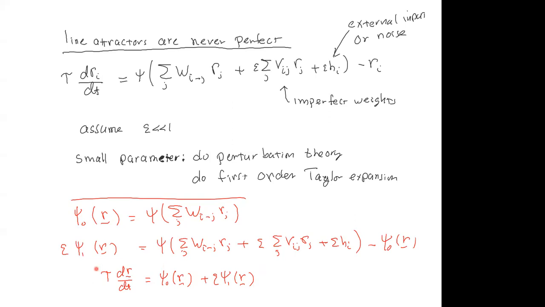So this equation here is very similar. Actually, let's be a little more careful here. This is actually a vector, and the ith component of this is this quantity here, okay?